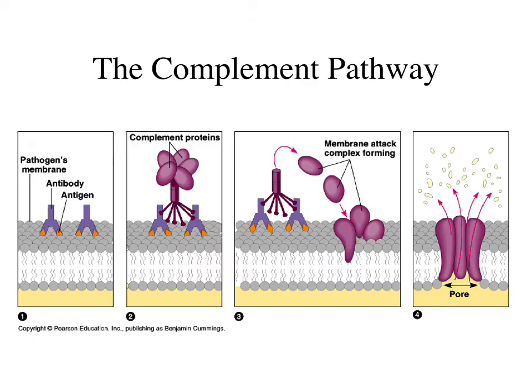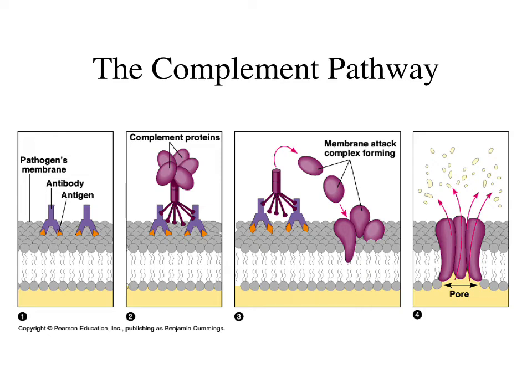Okay, so let's look at the complement pathway. So you have an infected cell over at 1, and it's expressing antigens that antibodies recognize. You have antibodies attaching to these antigens on the virus-infected cell. Complement proteins can come along and link two antibody molecules.